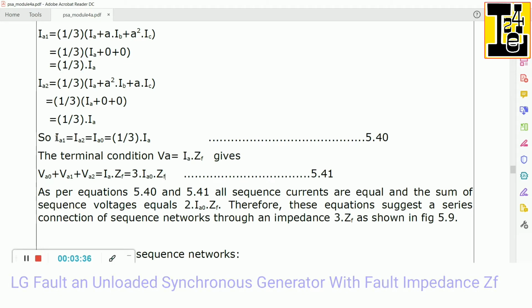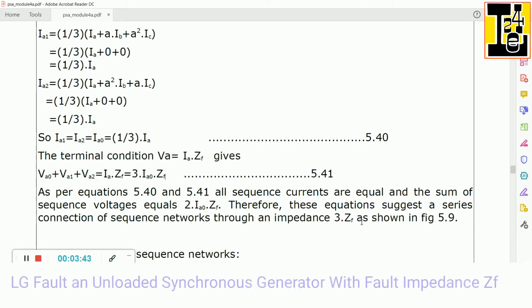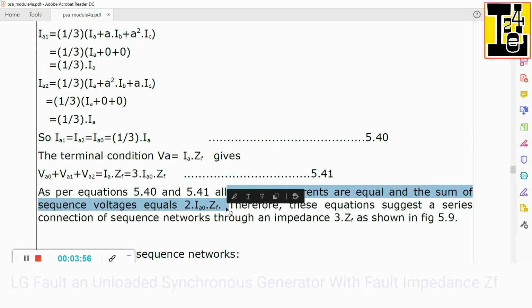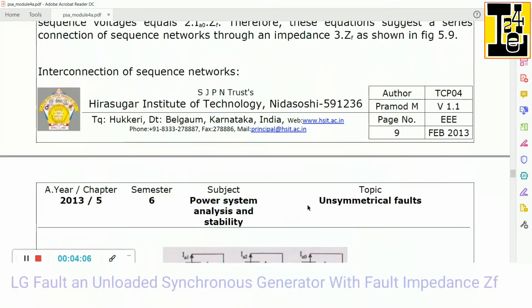Both the current relations and the voltage relation suggest that all three sequence currents are equal and the sum of the three sequence voltages will be equal to 3 into IA0 into ZF. Please consider this as 3, by mistake it has been written differently.